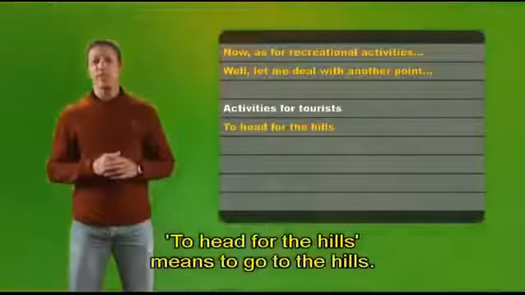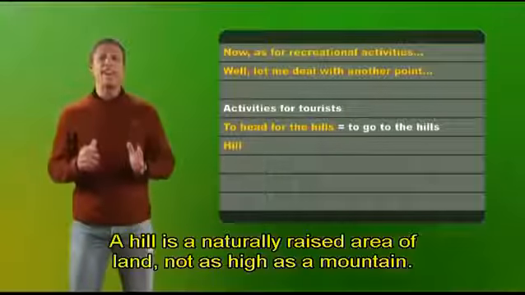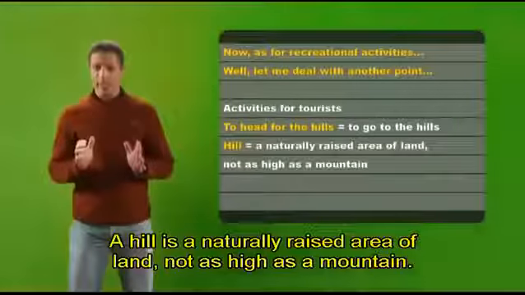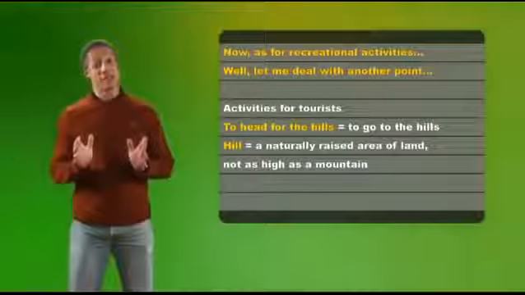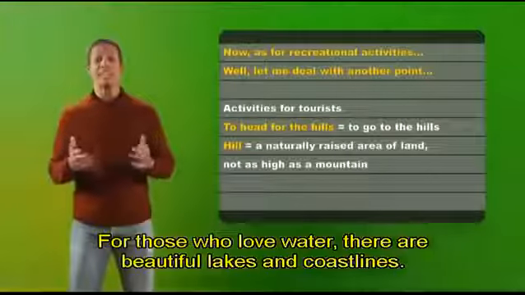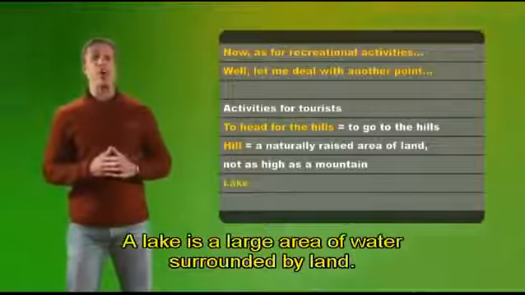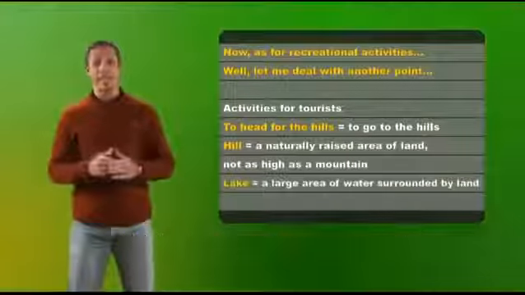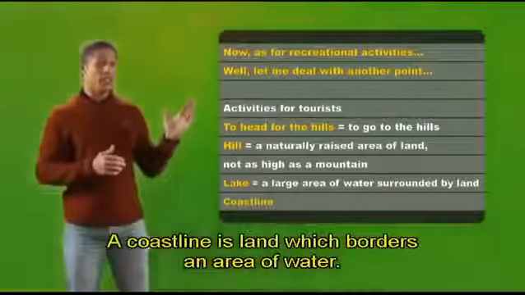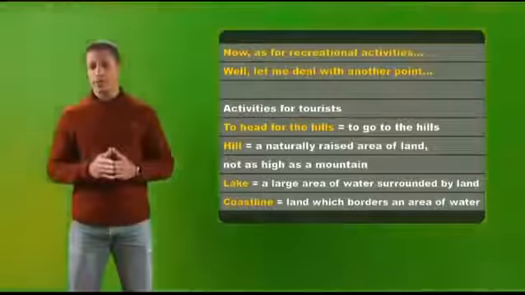To head for the hills means to go to the hills. A hill is a naturally raised area of land, not as high as a mountain. For those who love water, there are beautiful lakes and coastlines. A lake is a large area of water surrounded by land. A coastline is land which borders an area of water.